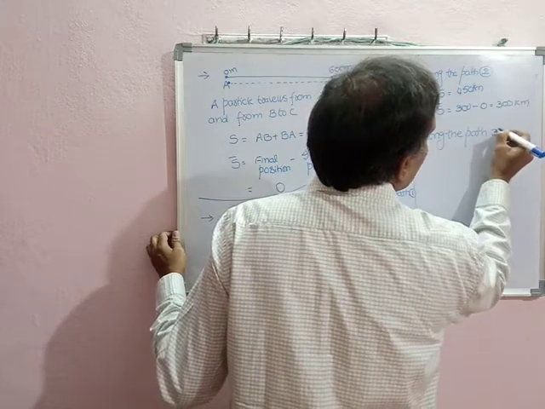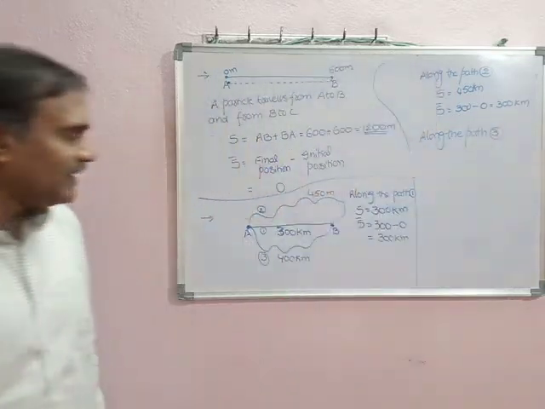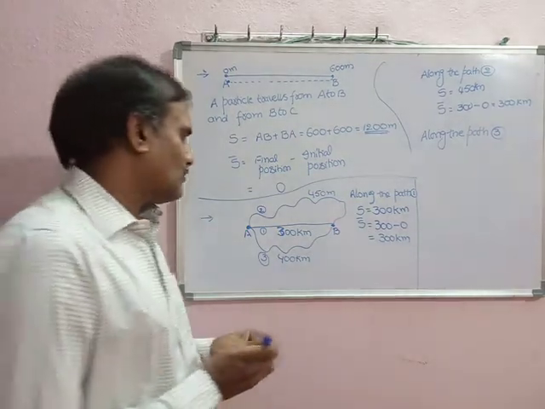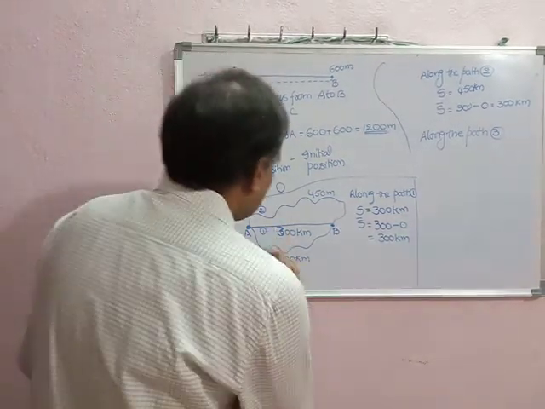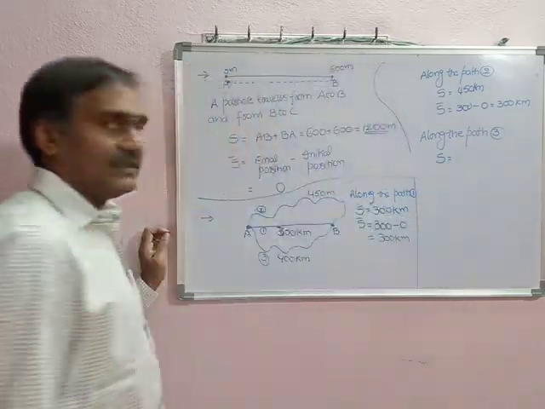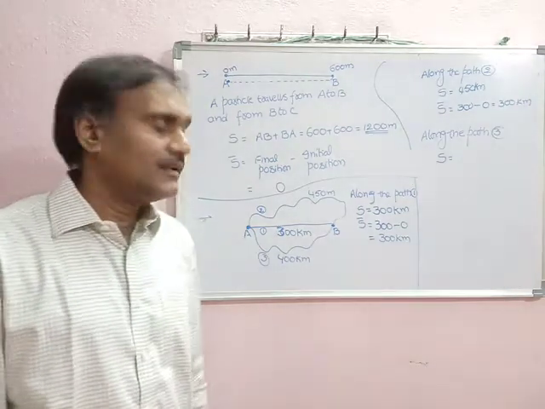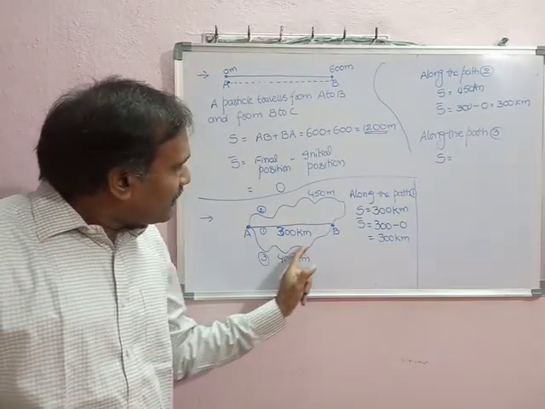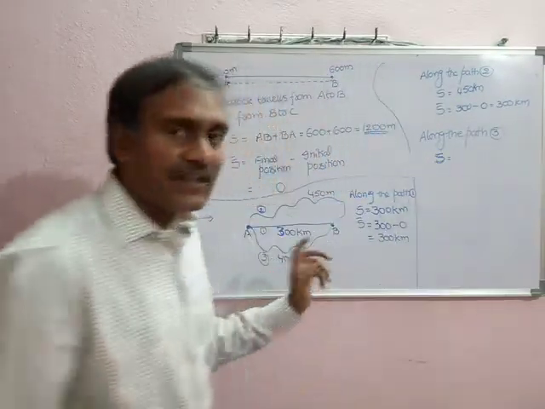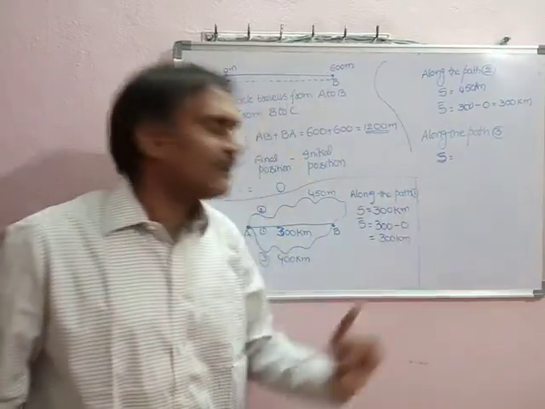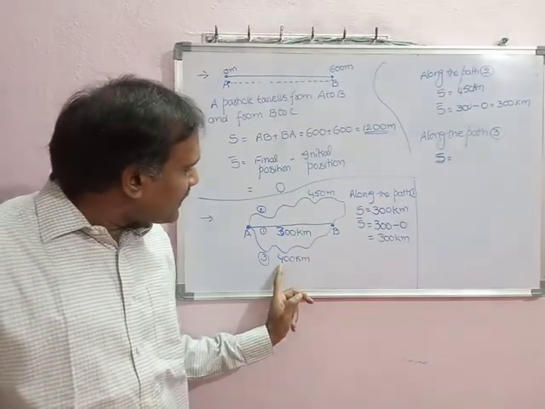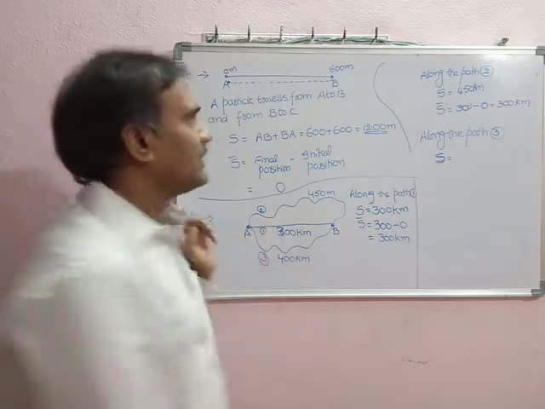Now, if the vehicle completes its journey along the path 3, what is the displacement covered by that vehicle? What does this S indicate? Sorry, it is the path length traveled by the particle. The actual length of the path traveled by the particle is 400 kilometers.